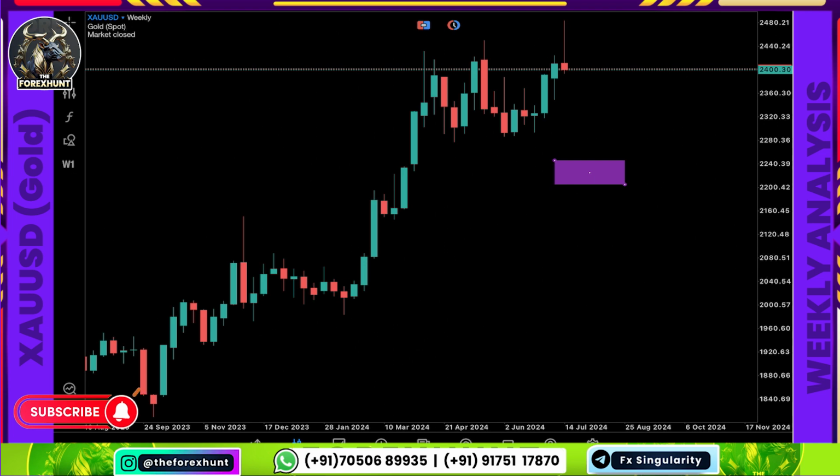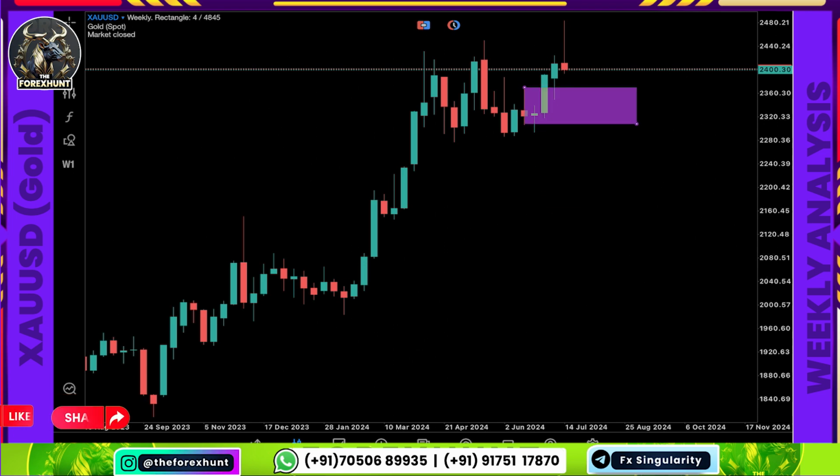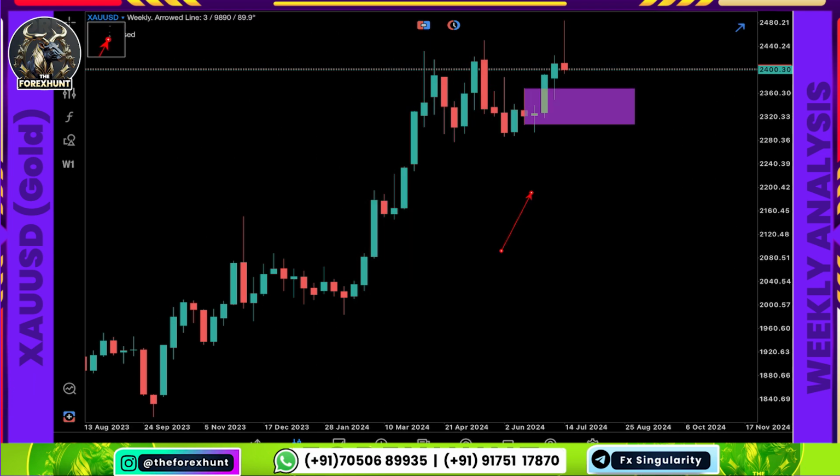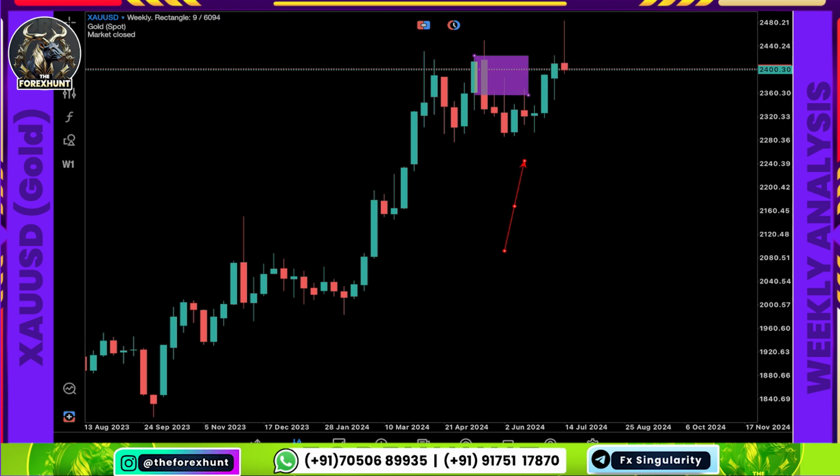Now we have to understand the box. The bubble box here is a symbol of buy, because this is engulfing buy type 2, and within this time frame we have a sell in the weekly time frame which hasn't been broken yet.